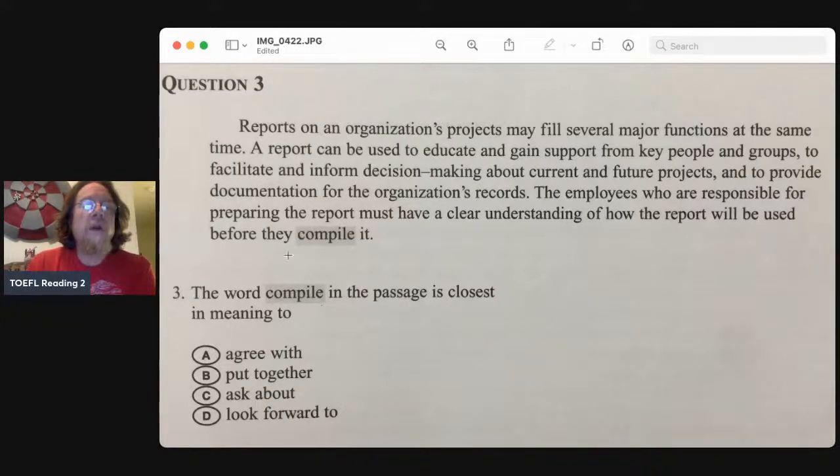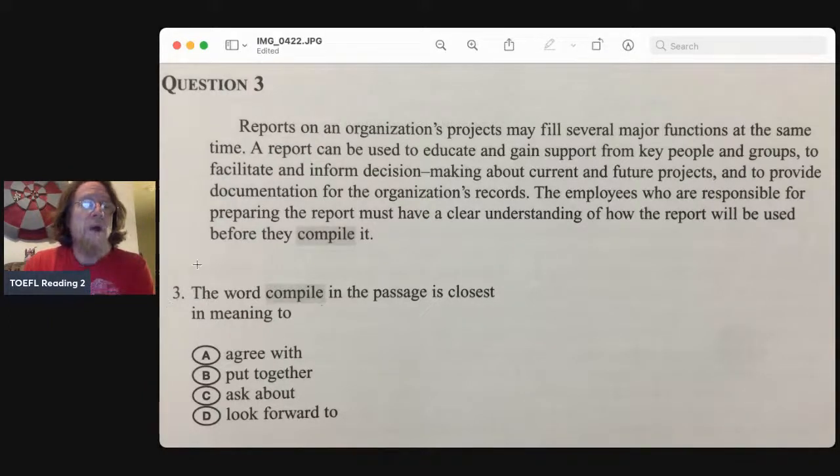And we have this word, compile. Let me read this last sentence one more time. The employees who are responsible for preparing the report must have a clear understanding of how the report will be used before they compile it.